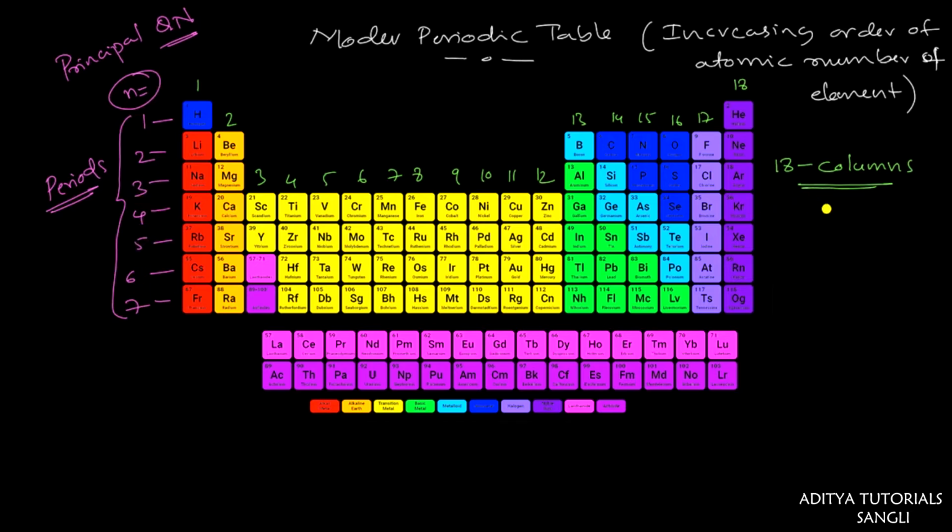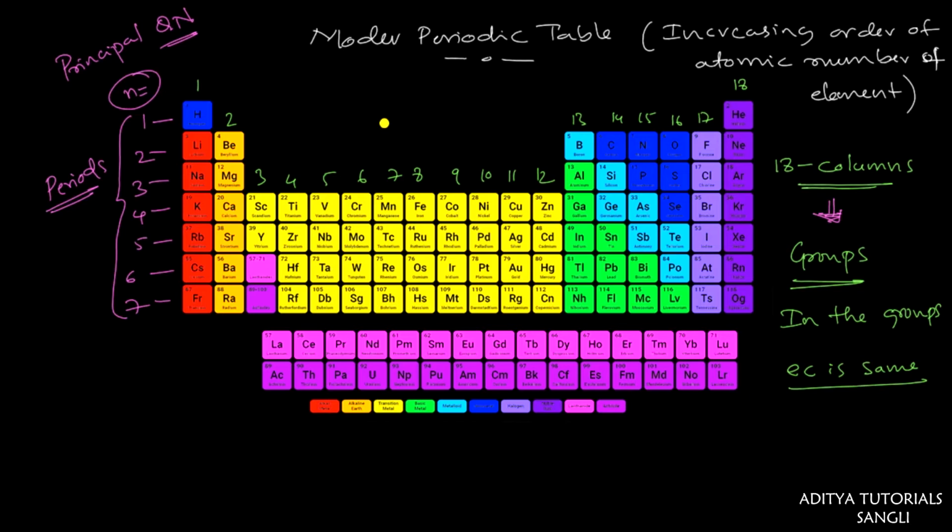Okay, and now one more important point I want to tell you: there are 18 columns, and these 18 columns are called groups. In the groups, the electronic configuration is the same.